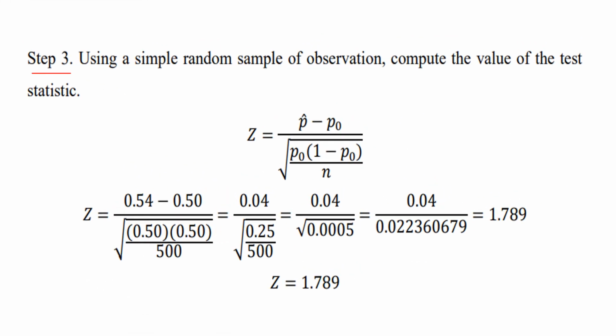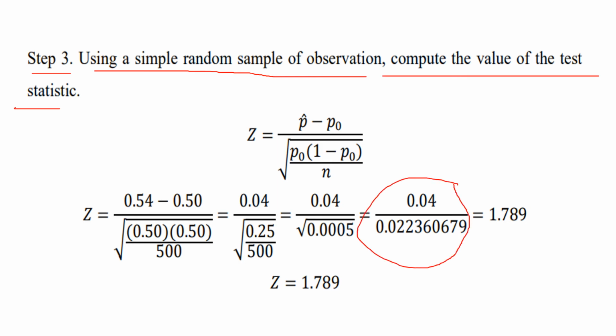So for step number 3, using a simple random sample of observations, compute the value of the test statistic. So we're going to use now the given values from step number 2. So we substitute the given values and the computed values, no, to this formula. Upon simplifying, we arrive at this simplified form that will be 0.04 over 0.022360679.